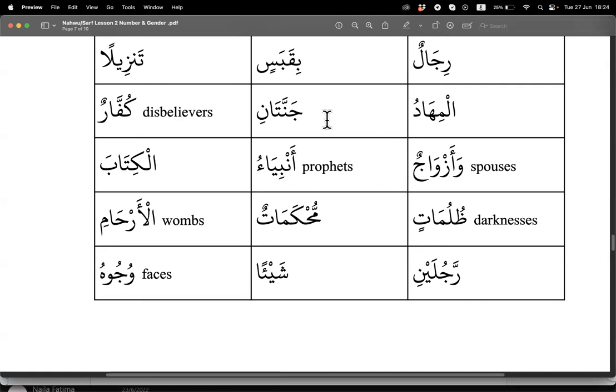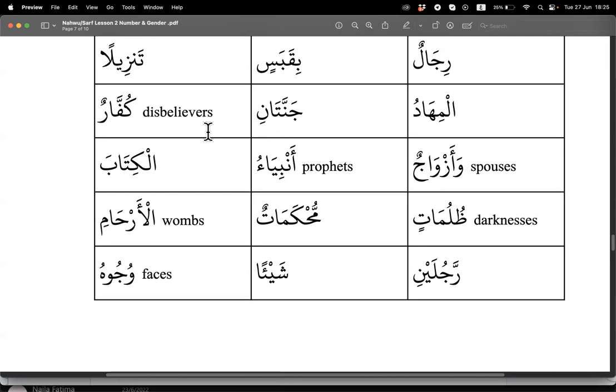Next one, Jannatani. Jannatani is rafa, dual, and feminine. Yes, because of the ta marbuta. Good.